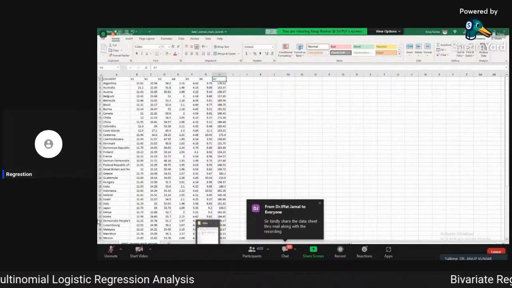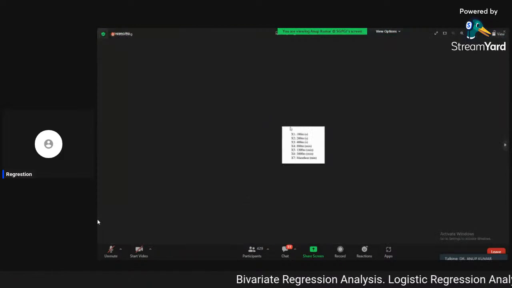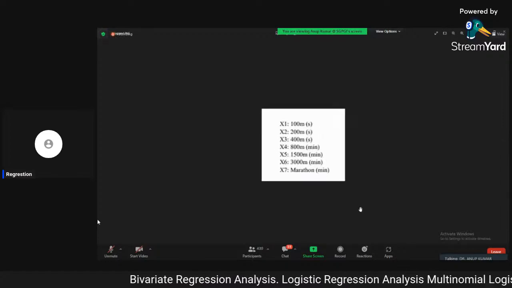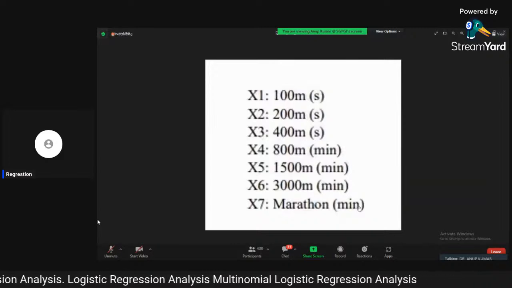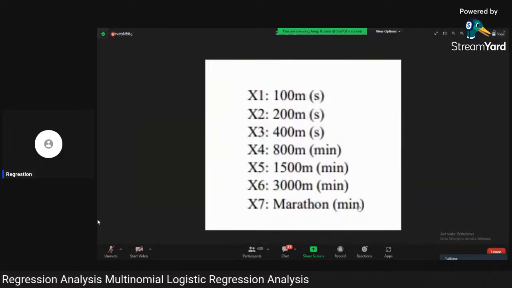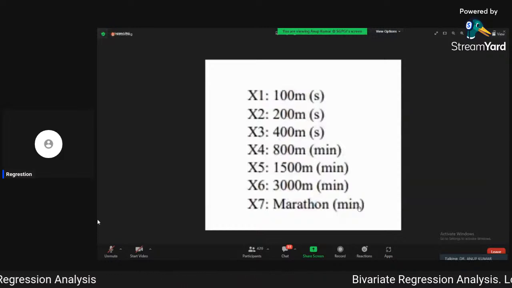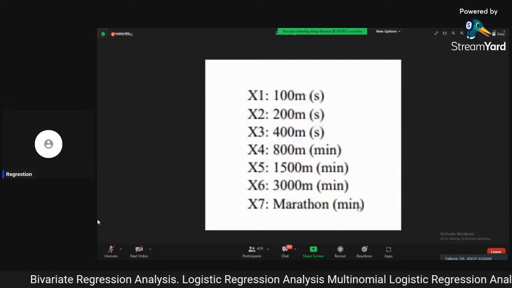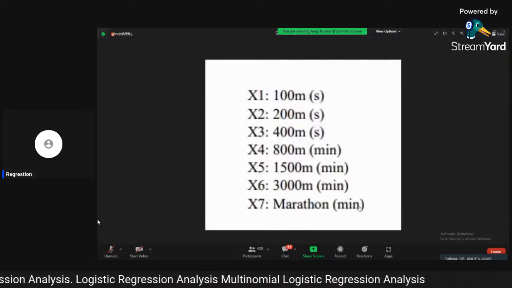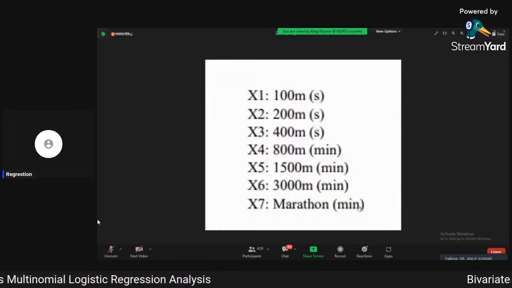Now, what are these X1, X2, X4, X5, X7? This X1 is actually the 100-meter race and how much time in seconds they are taking. Similarly, X2 is time taken for the 200-meter race in seconds. X3 is time taken for 400-meter in seconds.